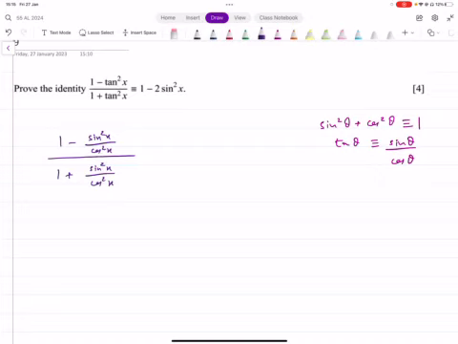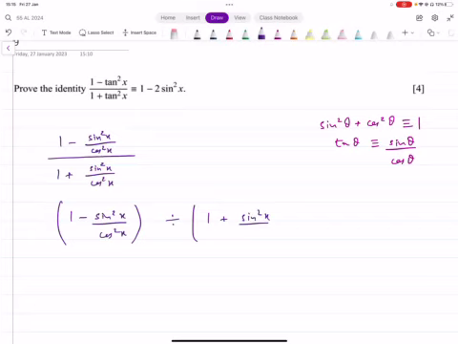We could write it like this. We could say this is 1 minus sine square x over cos square x. This whole thing divided by 1 plus sine square x over cos square x. Is this all right?